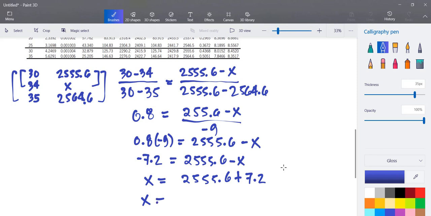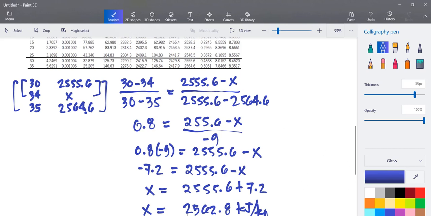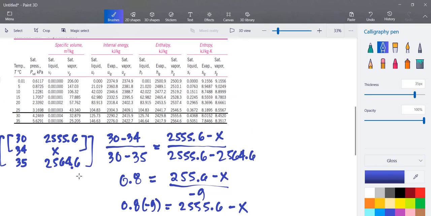Okay, using our calculator, we have the value of 2562.8. It will be kilojoule per kilogram. Checking that one, 2562.8 is in between 2555.6 and 2564.6. Okay, so we are on the right path.